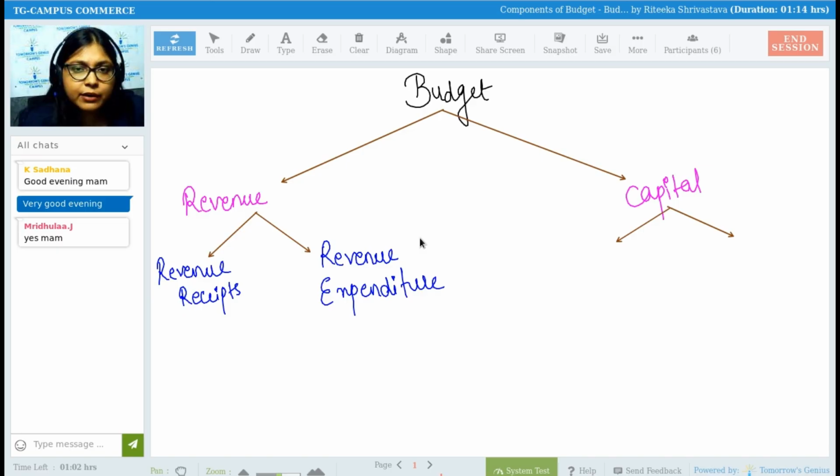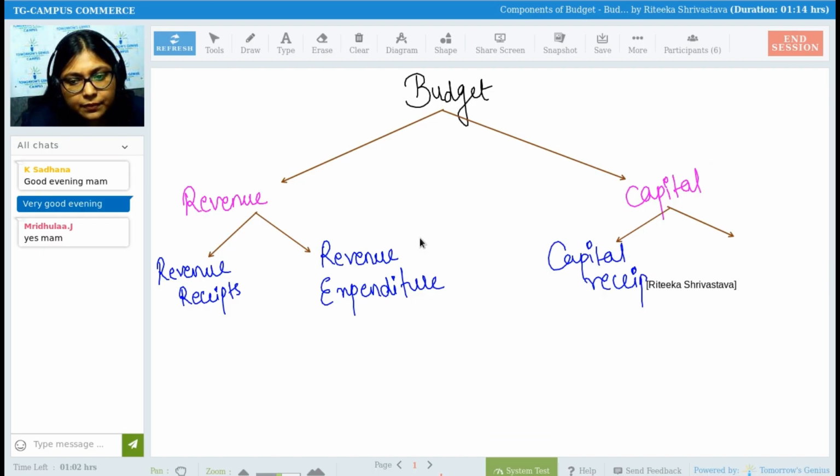Same, the parts that revenue has. It's just that instead of revenue, we will use the word capital. Yes, capital receipts and capital expenditure.